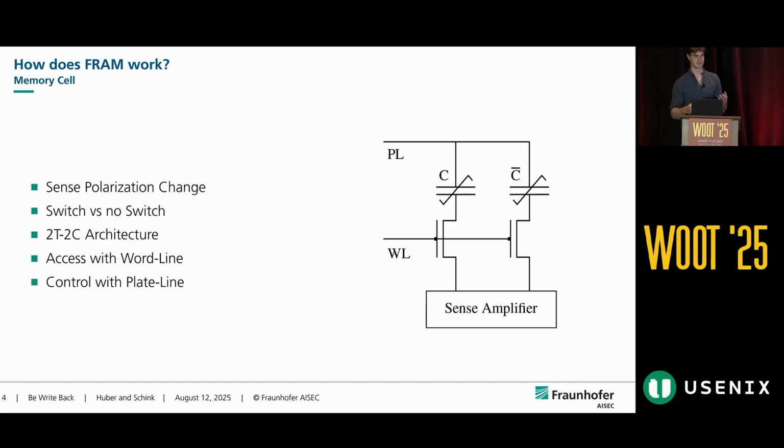So one crystal is polarized in one direction and the second crystal is polarized in the opposite direction. Then you can sense the difference for a switching and non-switching crystal with a sense amplifier. And just like any other memory cell, you have a word line to access the cell, and a plate line with which you control the memory actions.